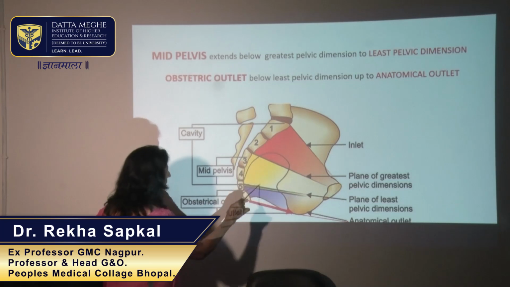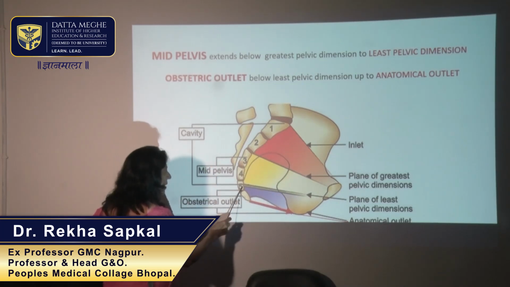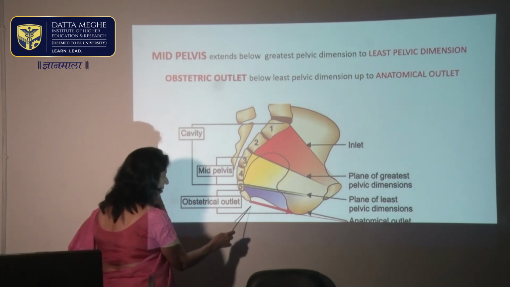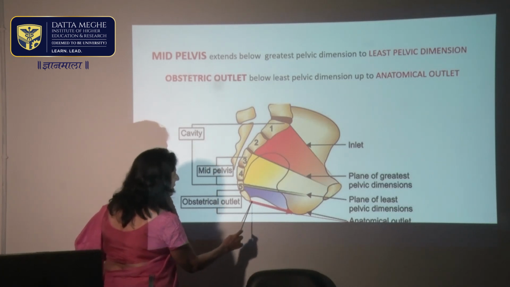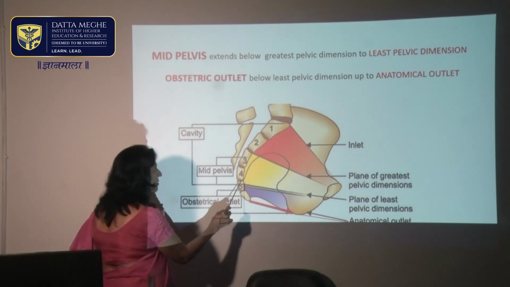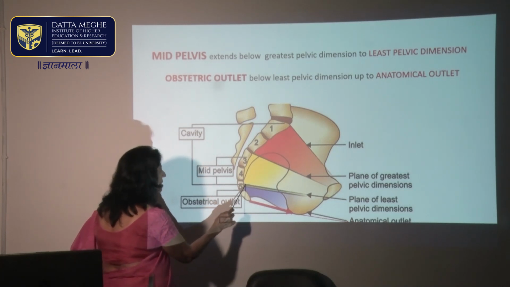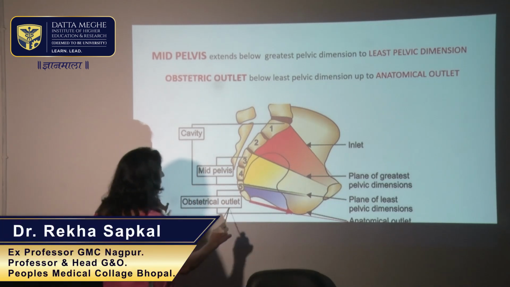This chamber is all mid pelvis. From the least pelvic dimension to the outlet is the obstetric outlet. The anatomical outlet is at this level; the obstetric outlet is a chamber bounded by the least pelvic dimension on the top and the anatomical outlet at the bottom. So, this is the obstetric outlet.